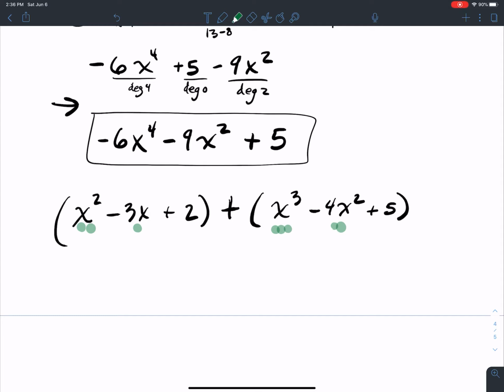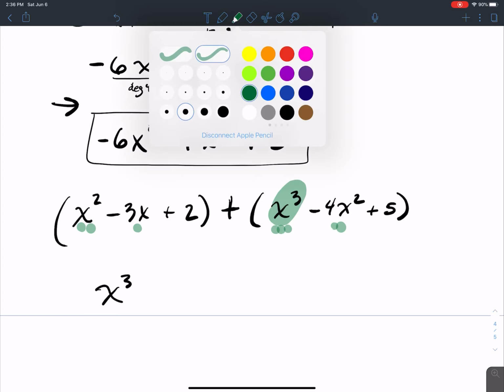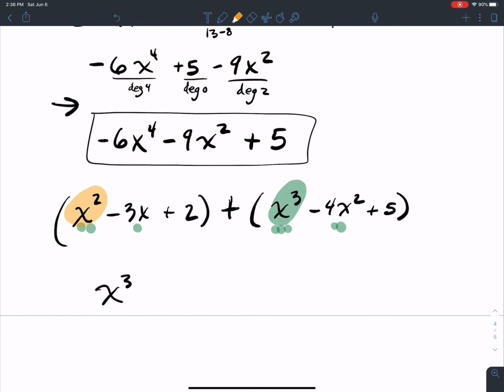Okay, so what can I combine? Well, x cubed is all by itself. It's the only one. X squared, let's see, I have an x squared here, and I have a negative 4x squared. That's a total, so negative 4 plus, well, how many? That's an understood 1.